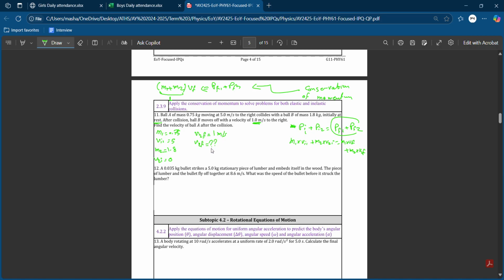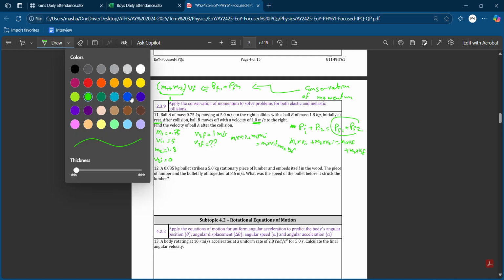Okay, here in these questions you need to know that the mass never changed. So mass 1 times V1 initial plus mass 2 times V2 initial should always equal mass 1 times V1 final plus mass 2 times V2 final. Let me change the color.